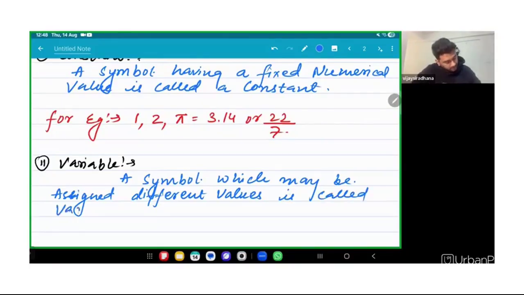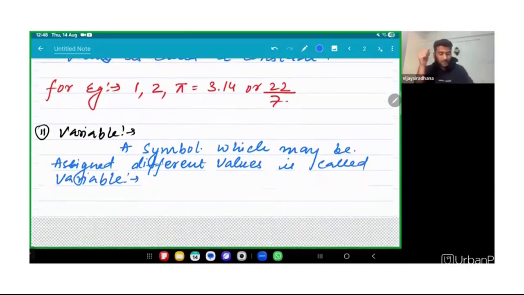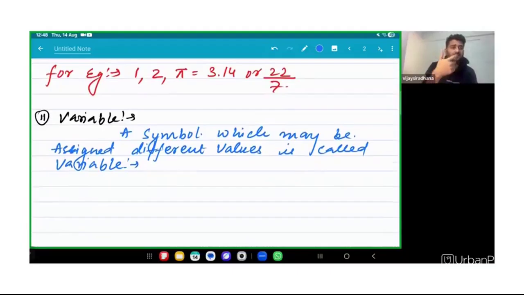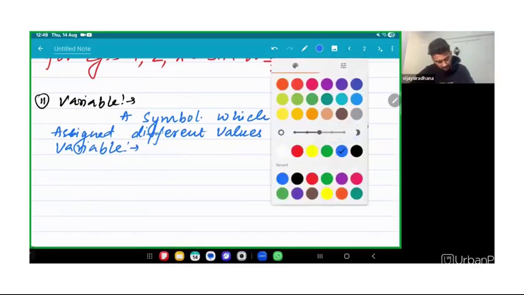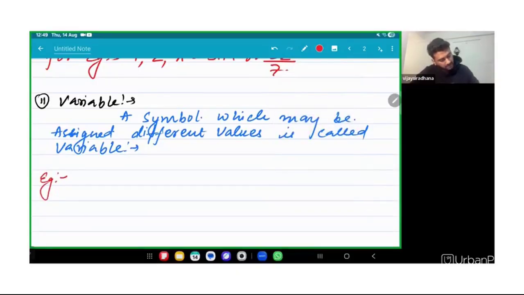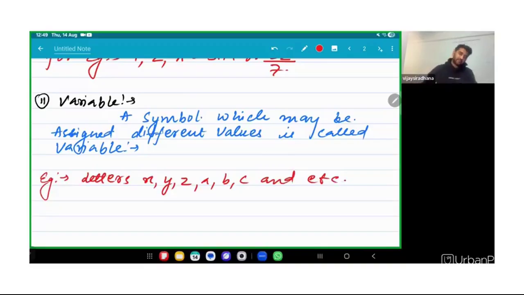What will be the example of the variable? A variable can be any letter, be it X, Y, Z, A, B, C, and so on. It can be anything.